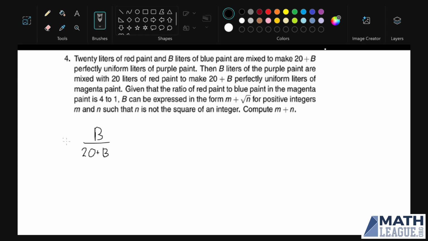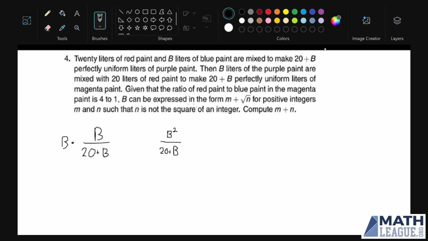So there's going to be B times this fraction liters of blue paint in our new 20 plus B liters of magenta paint. Now this expands to B squared over 20 plus B, and this is the liters of blue paint in the magenta paint.